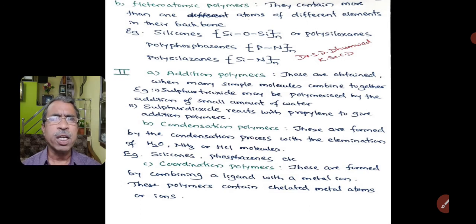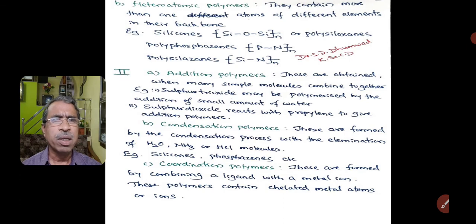Another way of classification is that inorganic polymers are classified into three categories. One is addition polymers, second condensation polymers, third coordination polymers. Addition polymers are obtained when many simple molecules combine together.